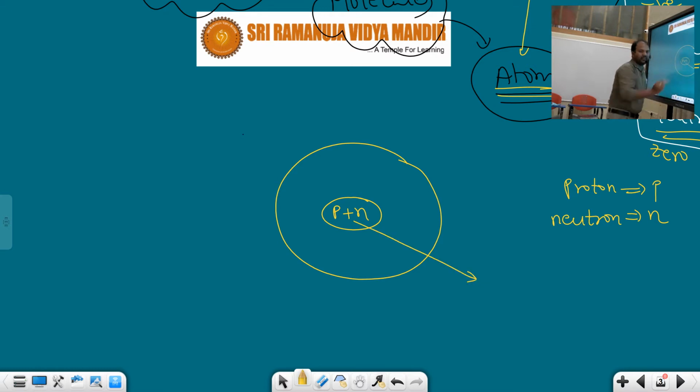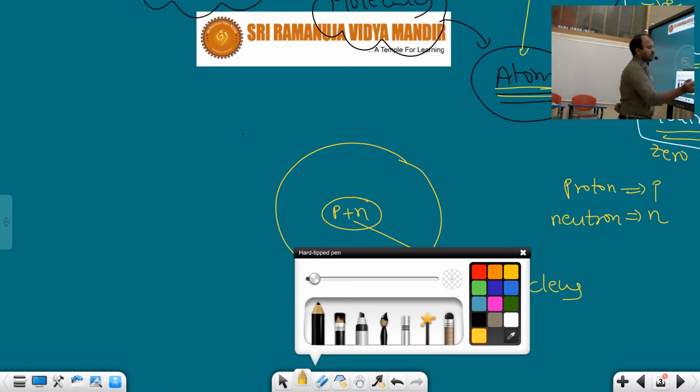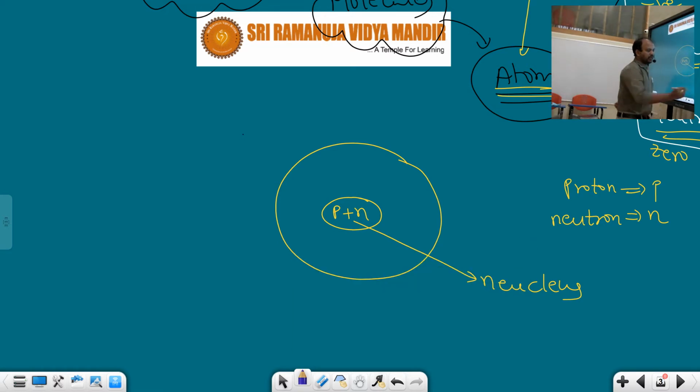This is the atom center, and the center of the atom is called the nucleus. Inside the nucleus these two subatomic particles are present. That's why these two subatomic particles are called nucleons. What is the meaning of nucleons? Proton and neutron, these two particles, are called nucleons.